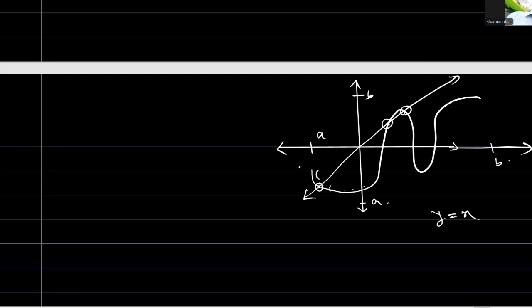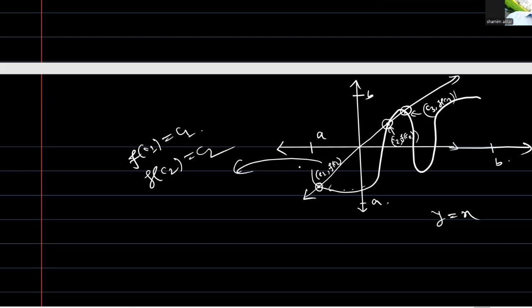Suppose this point is c1 comma f of c1, this point is c2 comma f of c2, and this point is c3 comma f of c3. The fixed point means that f of c1 is equal to c1, f of c2 is equal to c2, and f of c3 is equal to c3.